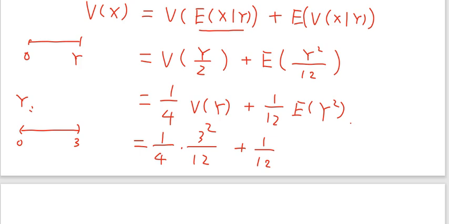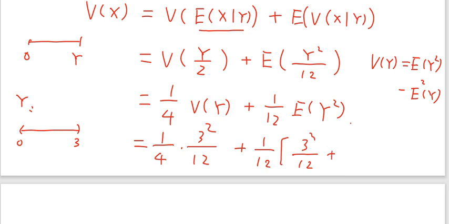We can find Ey squared directly, or we can use the formula Vy equals E of y squared minus (Ey) squared. So E of y squared equals Vy, which is 3 squared over 12, plus (Ey) squared, where Ey is 3 over 2, squared. So this is the Vx.